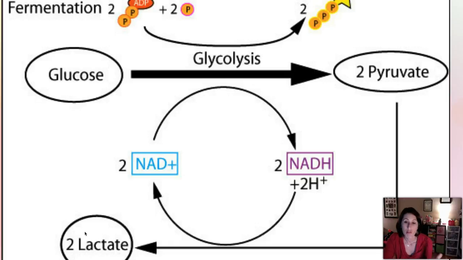So it's got a little bit of both going on. It's got lactic acid fermentation, and it still has the aerobic cellular respiration process occurring, but it's a little bit of both. The purpose of this is that while there's no oxygen available, it's still giving that muscle cell a little bit of energy.